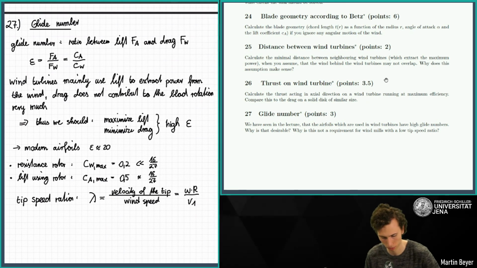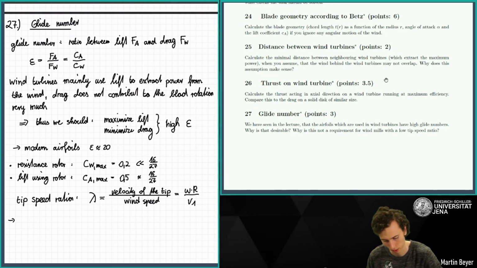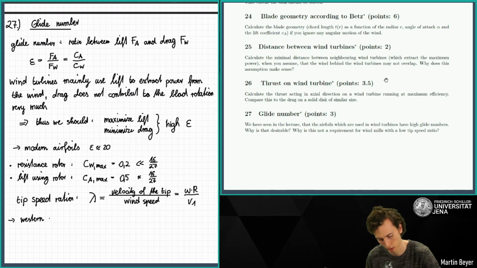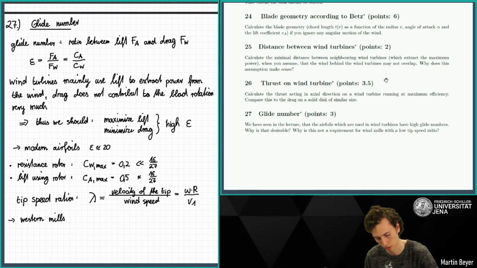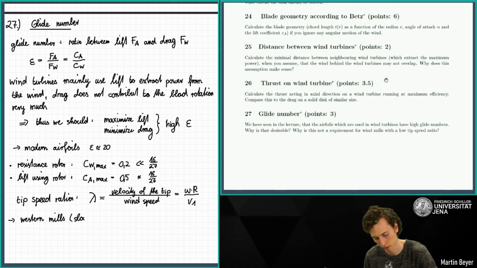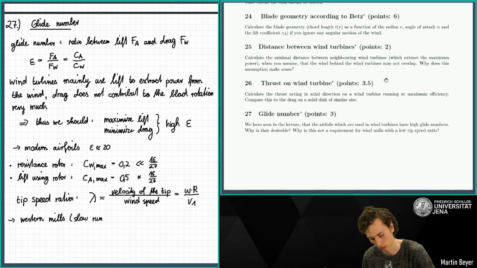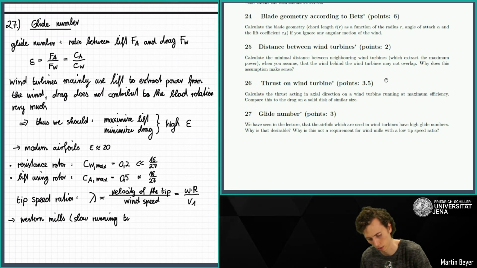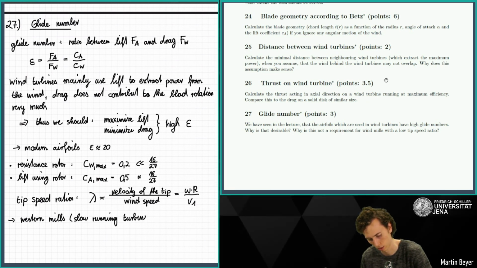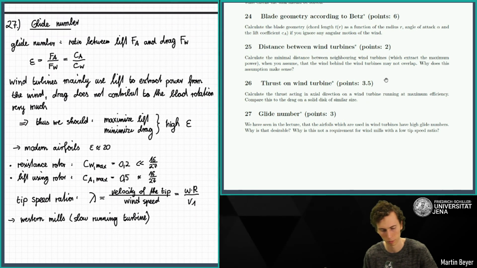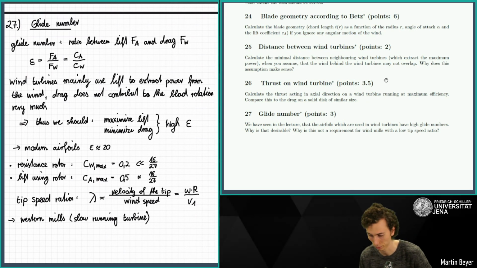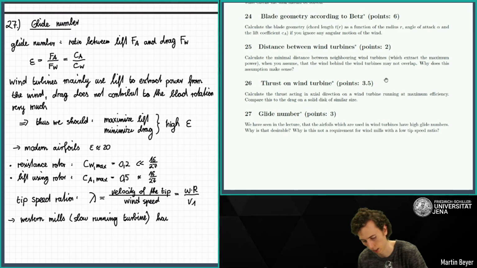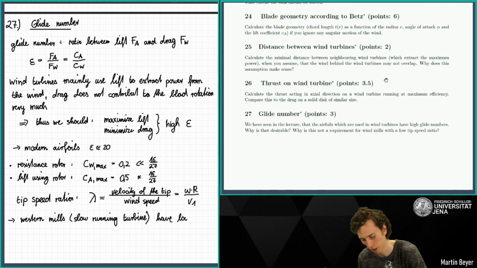So for example, Western mills, which are slow running turbines, have a low lambda, have a low tip speed ratio.